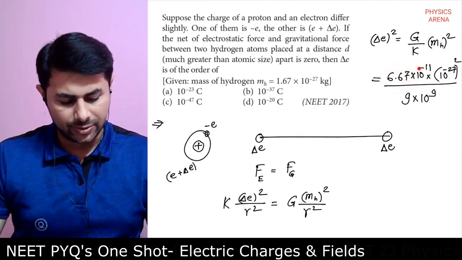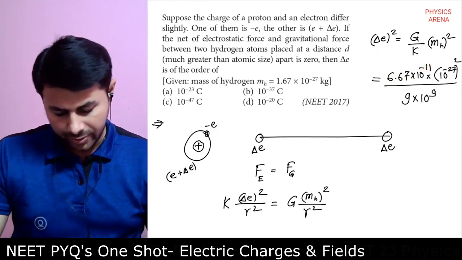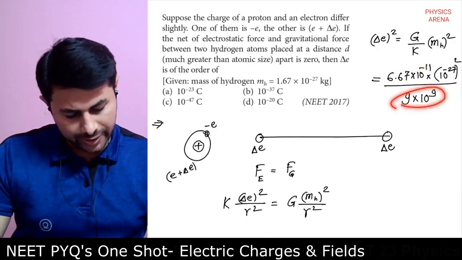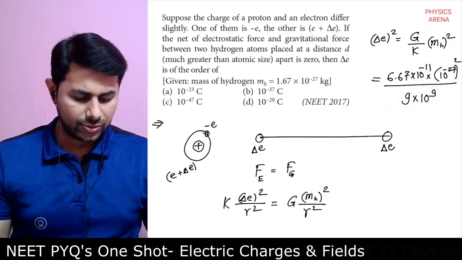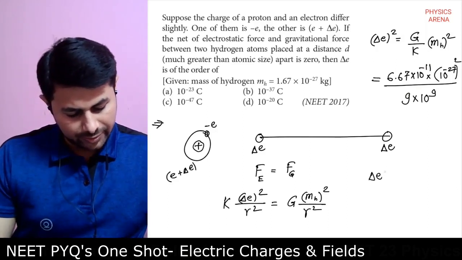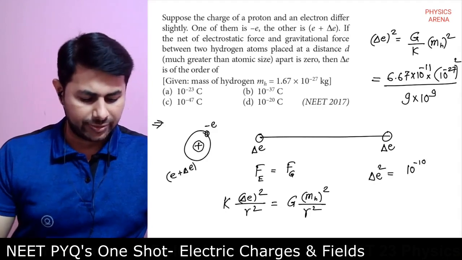10 multiplied by 10 raised to minus 11 is 10 raised to minus 10. And this is also 10 raised to plus 10. If we take it in the numerator, it will become 10 raised to minus 10. So delta E square we have 10 raised to minus 10 square multiplied by 10 raised to minus 27 square.